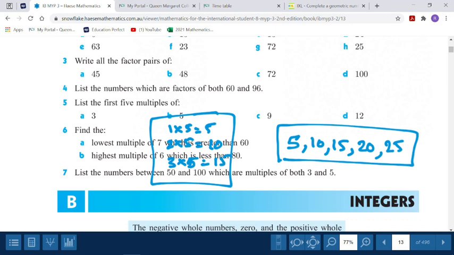Now, look at number 7. They want to list the numbers between 50 and 100, which are multiples of both 3 and 5. So, 3 and 5. So I could find that by simply listing the multiples between those and then comparing and seeing which numbers are on the same list, or on the list twice, right? Now, but there's also something I know about that.